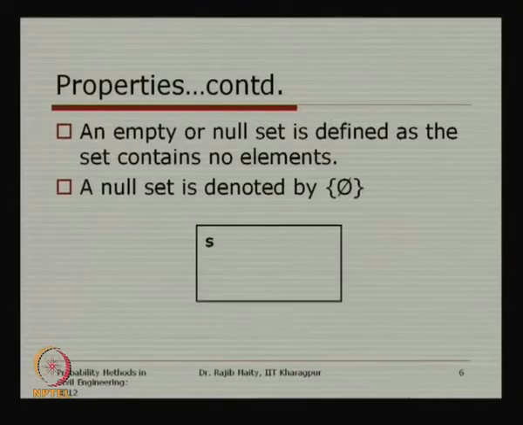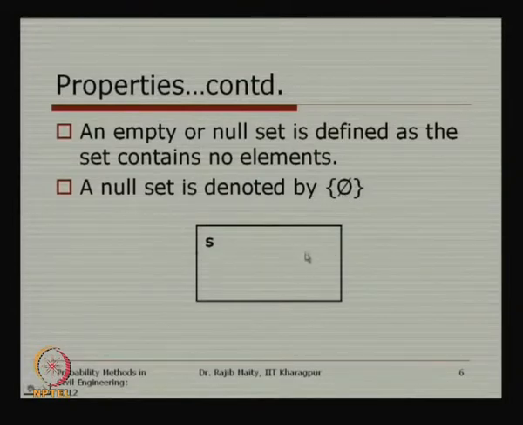The second thing is known as a null set. When a particular set does not have any element in it, we say that this is a null set, defined as a set that contains no element, and it is denoted by this kind of symbol.